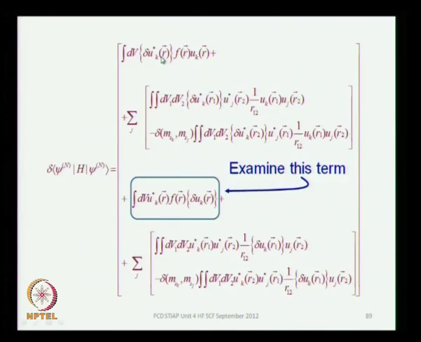Let me go back one slide, because here you had delta u k star r, and then you had delta u k star r 1, delta u k star r 2 is here, this is delta u k r, but this is coming in the operand.